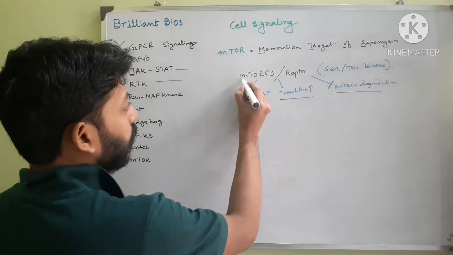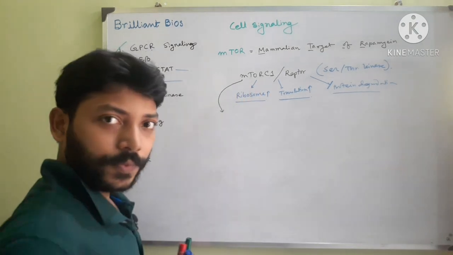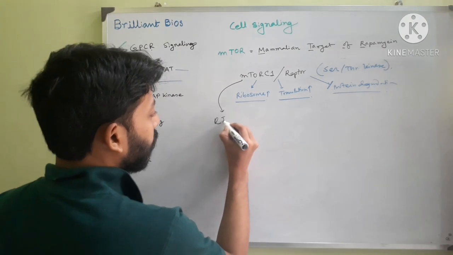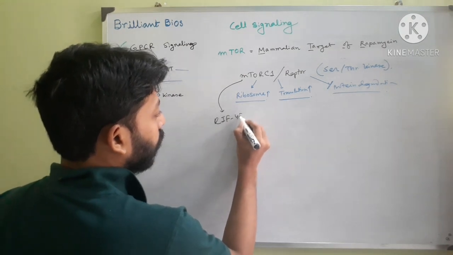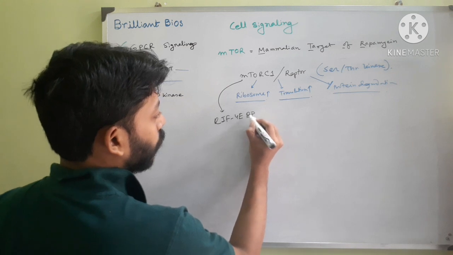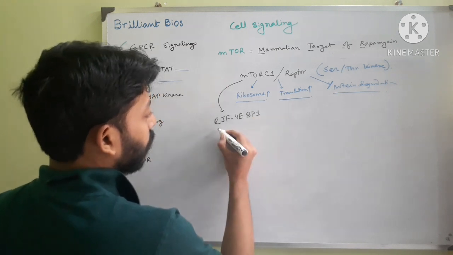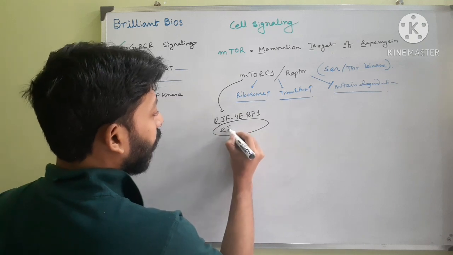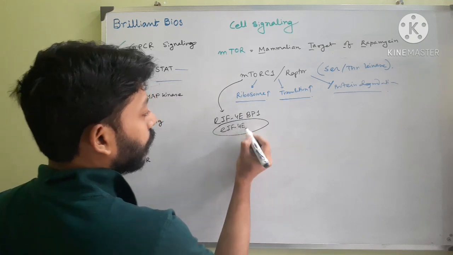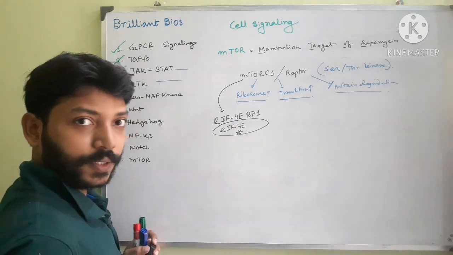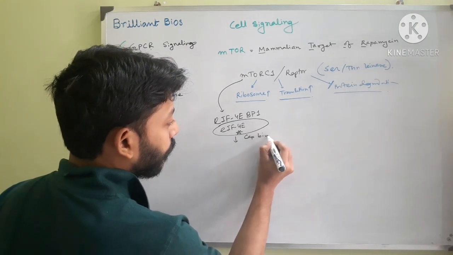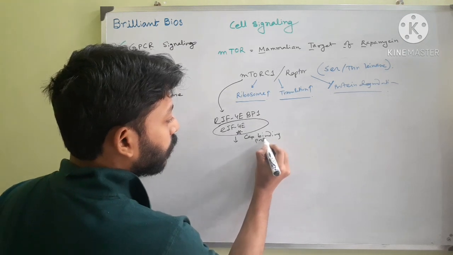mTOR C1 acts as a kinase, so it can phosphorylate. There is a protein called EIF4E binding protein 1. This protein captures another protein called EIF4E. This protein is important. It is a cap binding protein. Why is it called a cap binding protein?